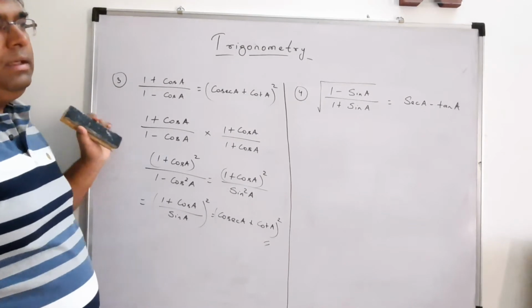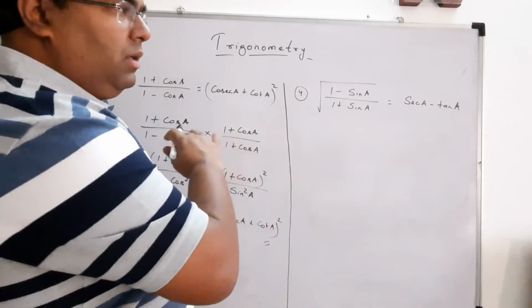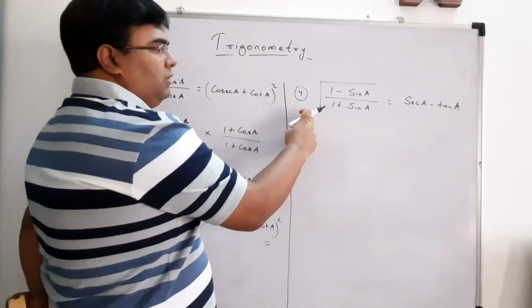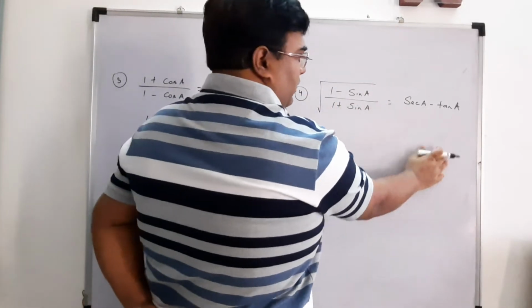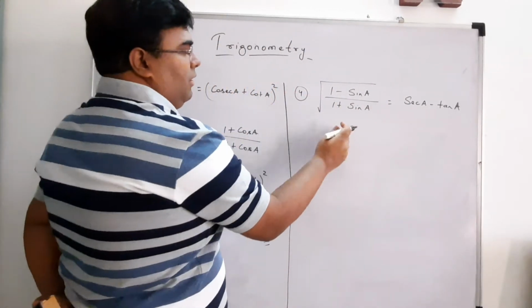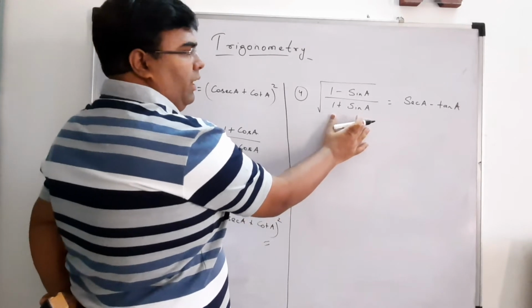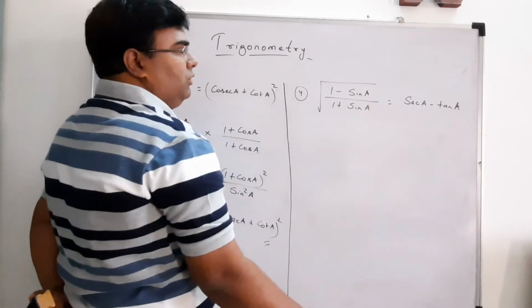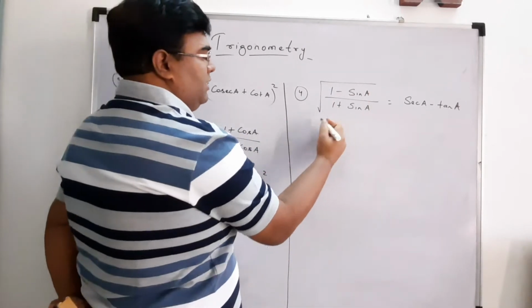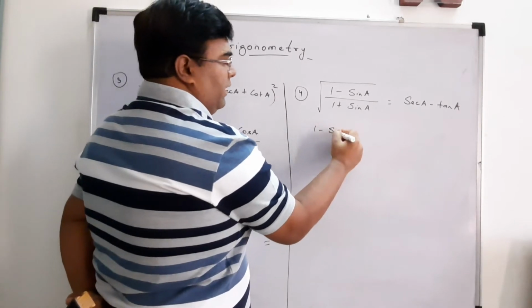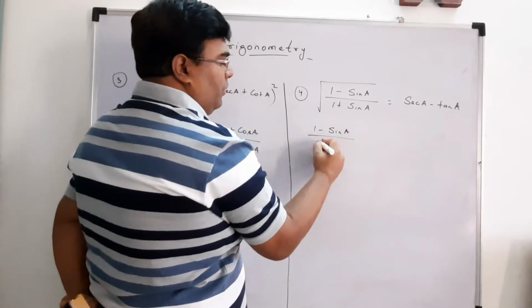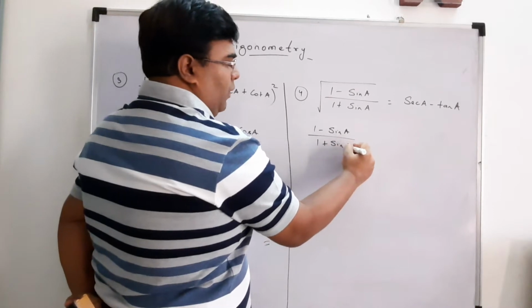Right? Let us take this example, which is similar to this. Here we have a square root and there is nothing here. So what we will do is make a square inside the square root so that they cancel each other. We have just learned how to make a square.